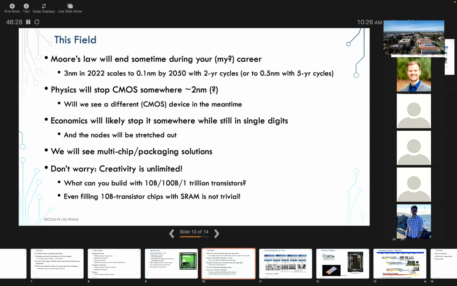If you stay on like 2-year cycles, we are down to sub 0.1 nanometers. That's subatomic stuff down there. So we have to figure out how to build CMOS with parts of an atom. We don't know how to do that yet. And as we slow down these cycles, they're still going down to 0.5 nanometers, down to 0.2 to 0.3. That's again not quite there. It's single atom devices, not CMOS.